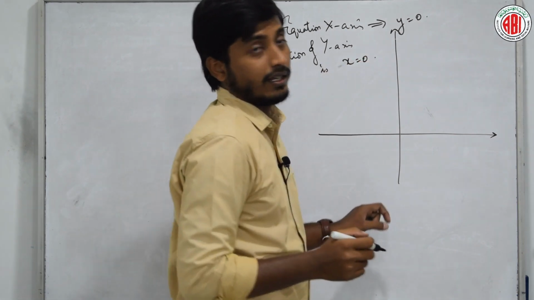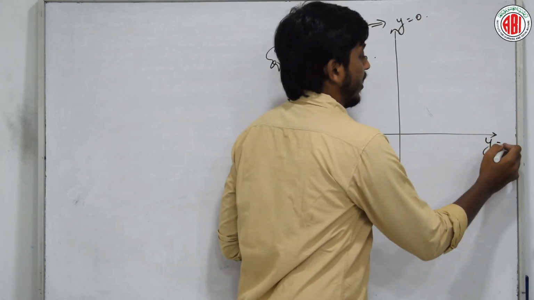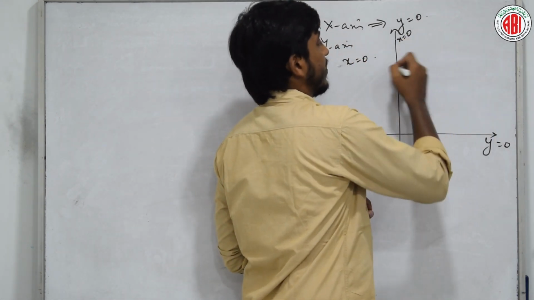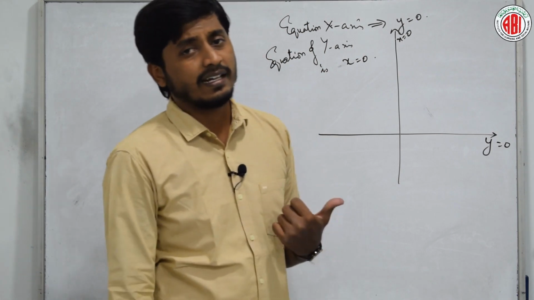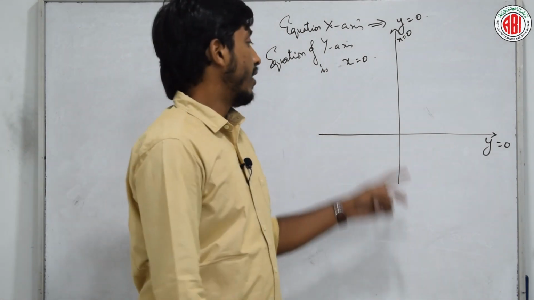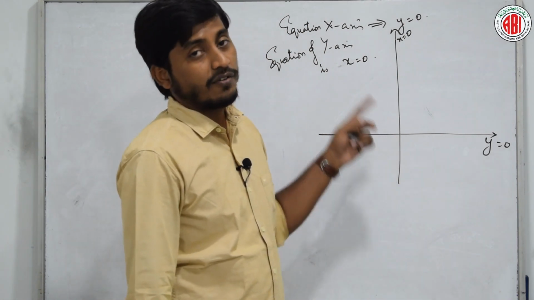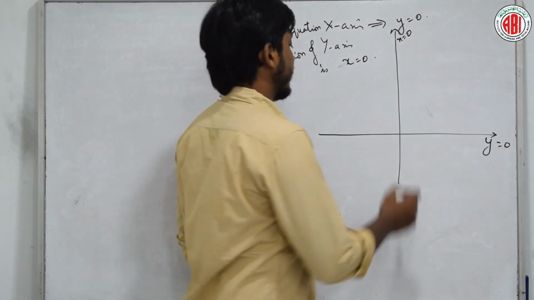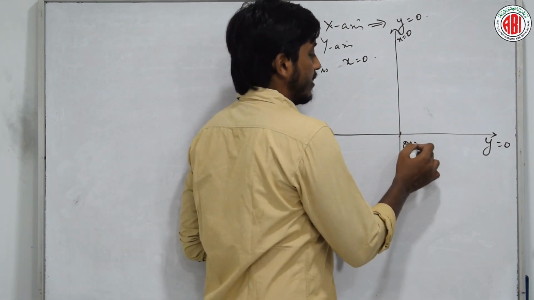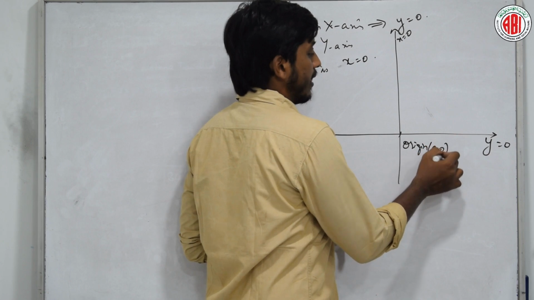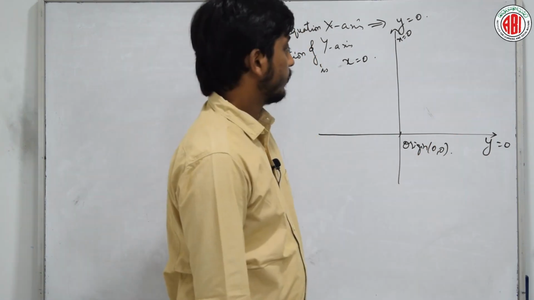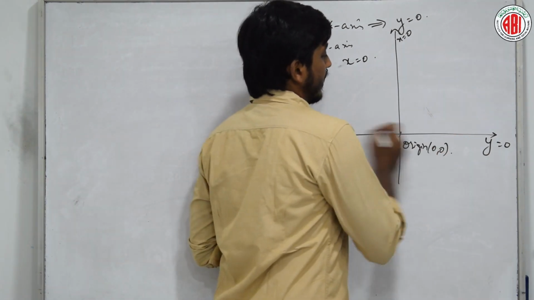Is it right? What is this equation now? Y equal to 0. What is this equation now? X equal to 0. Is it clear? Fine. What is the point of intersection of the x and y axes? That is nothing but the origin, 0, 0. Clear? Then what is a line parallel to the x axis?